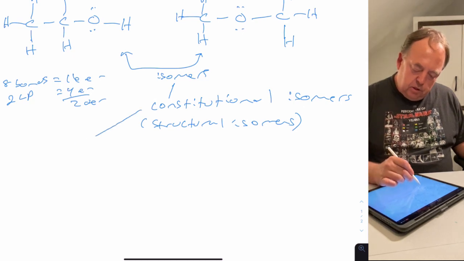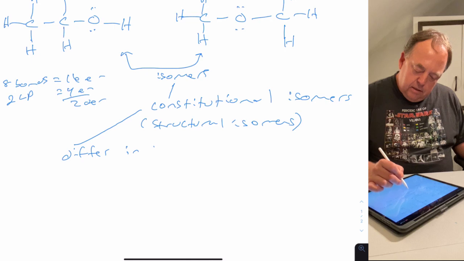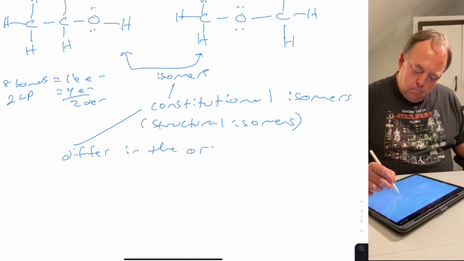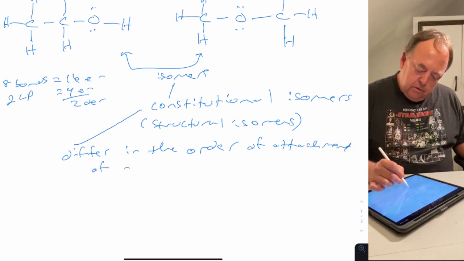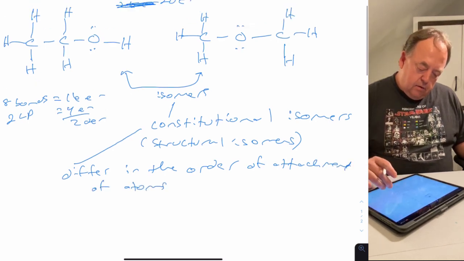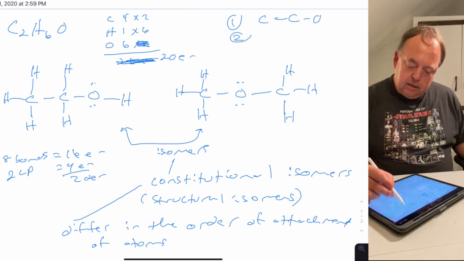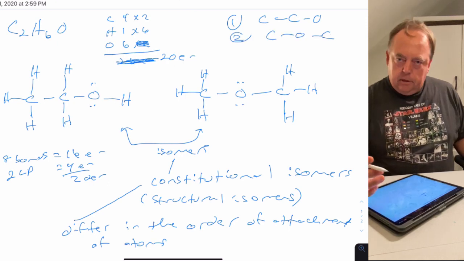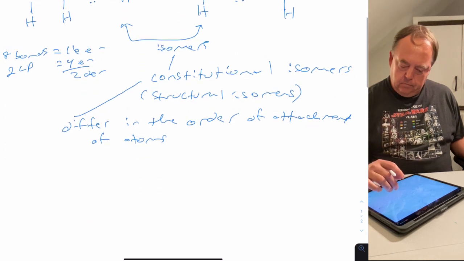Basically, constitutional or structural isomers differ in the order of attachment of atoms. The first molecule has CCO, for example. The second molecule has COC. So they differ in the order the atoms are attached, so they're constitutional isomers.